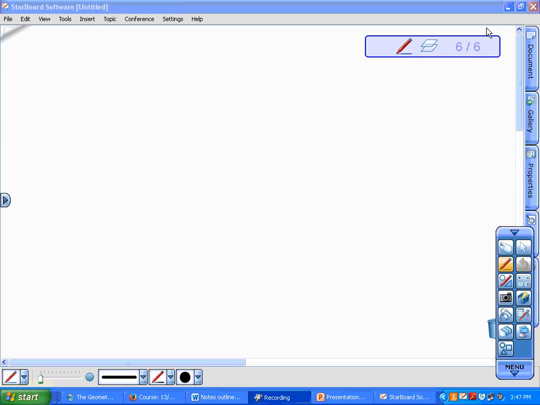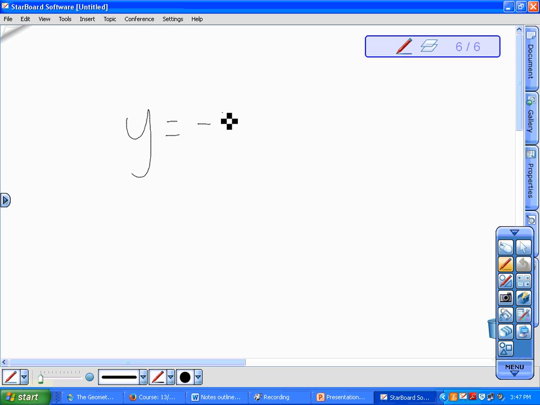Oftentimes, it may appear as if part of the equation may be missing. So let's take, for example, y equals negative 3. This equation is technically written in slope-intercept form because y is all by itself on the left-hand side of the equal sign. However, you will notice we do not have any x terms in the problem.